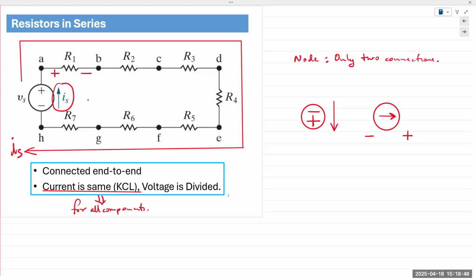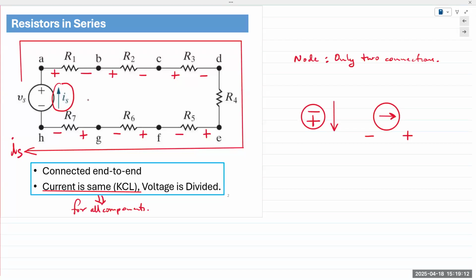So for all connections, all resistors, the voltage polarity will be in the direction of the current. Does that make sense to everyone?